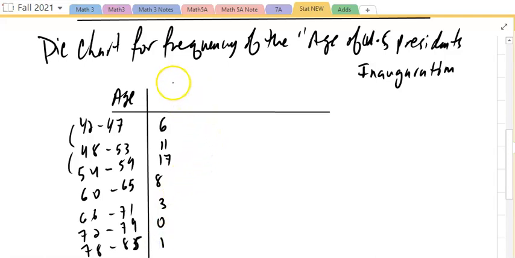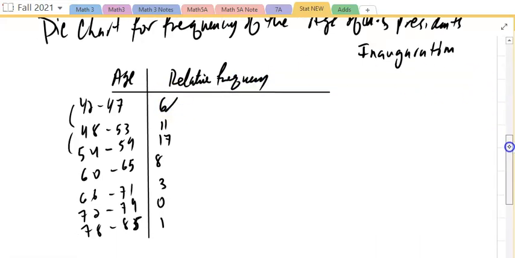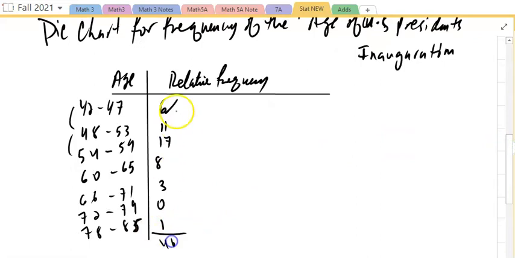So if I want to figure out the relative frequency, I would divide each of those by the total, and if you remember, the total was 46 presidents.